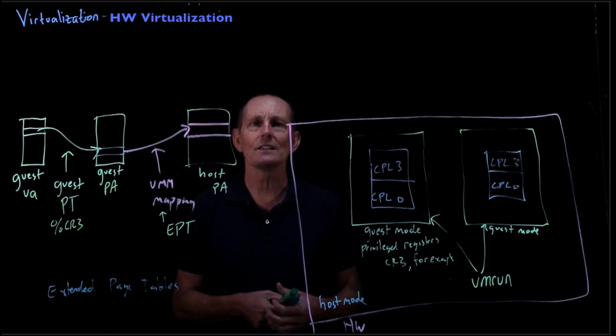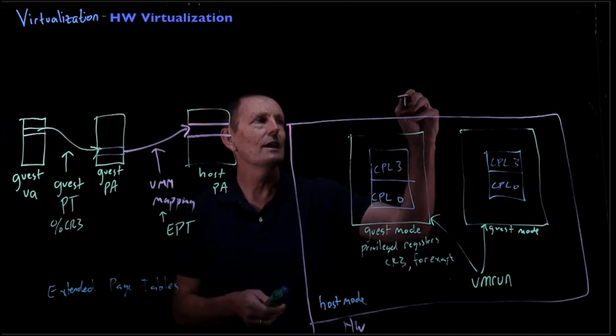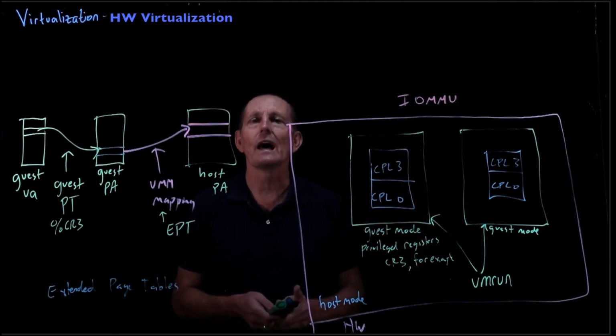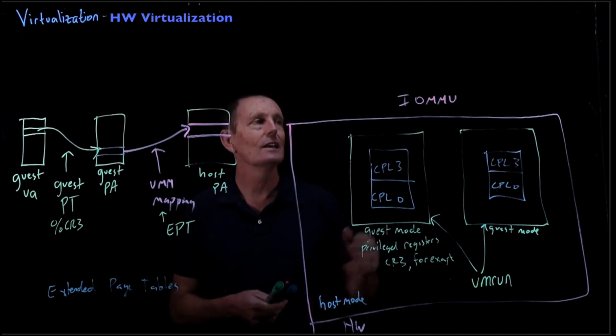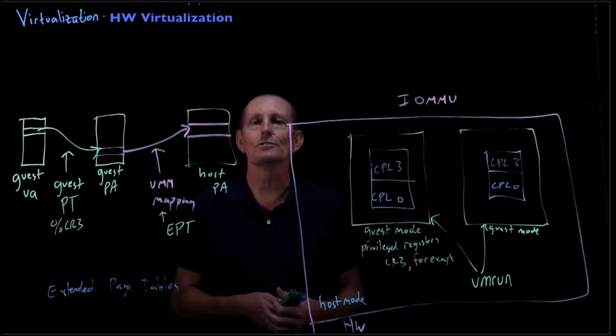By the way, the I/O devices, this is also newer, they added something called an I/O MMU. So basically, when an I/O device wants to communicate with memory, instead of doing direct memory access to physical addresses, it can actually do direct memory access to virtual addresses.